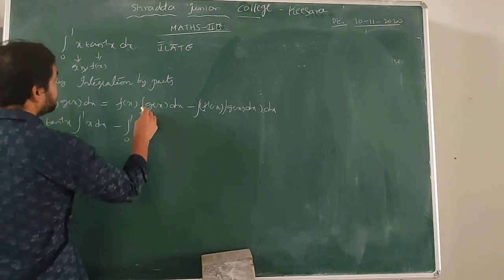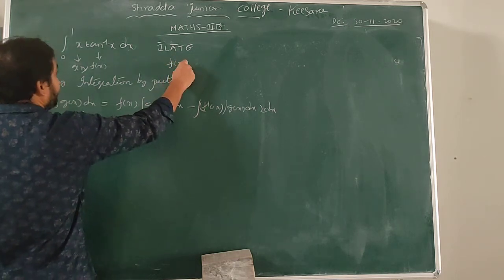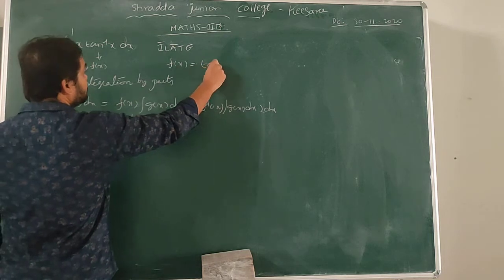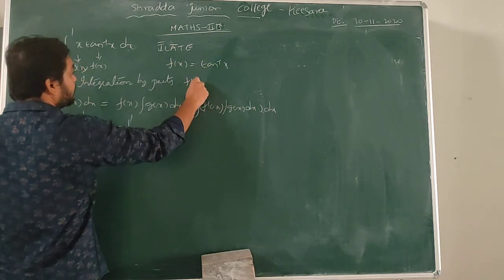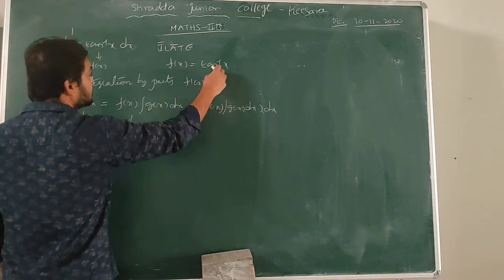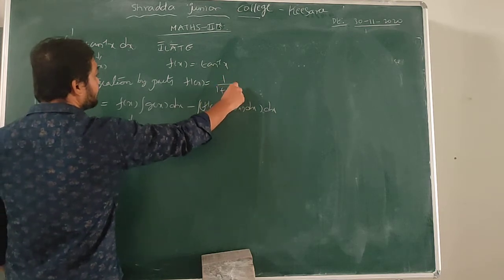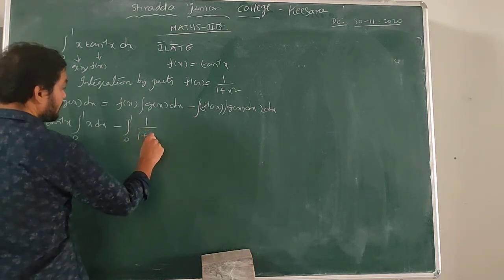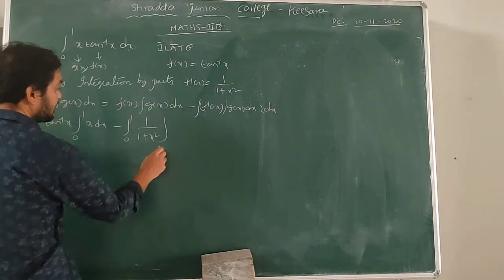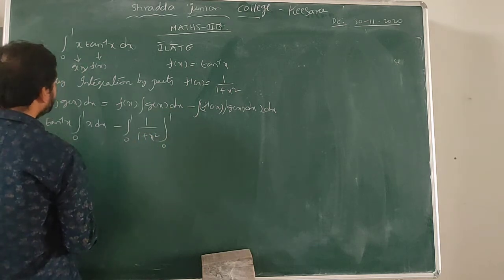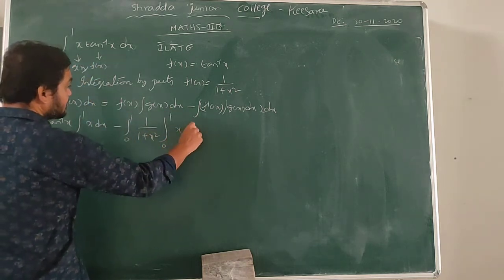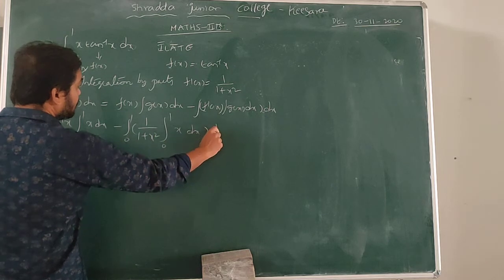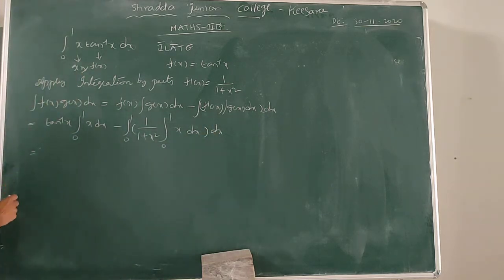Here f of x equals tan inverse x. What is f dash of x? d by dx of tan inverse x means 1 by 1 plus x square. 1 by 1 plus x square, integration 0 to 1. What is g of x? x dx, whole dx.